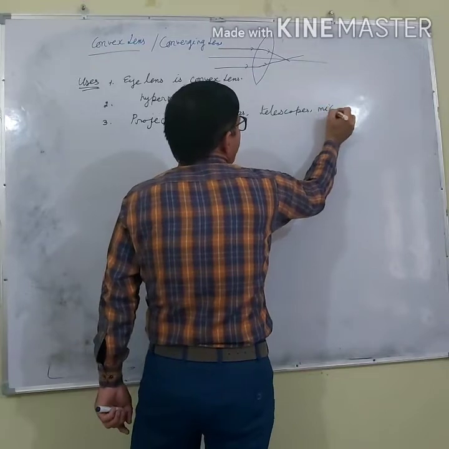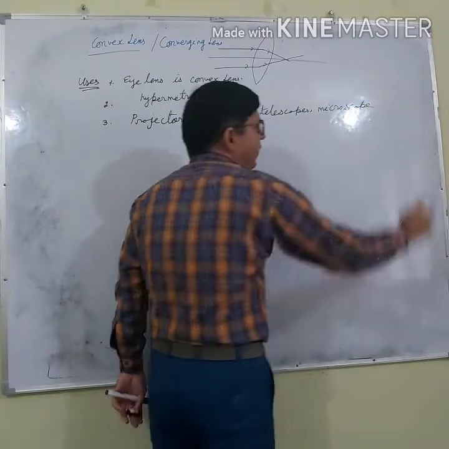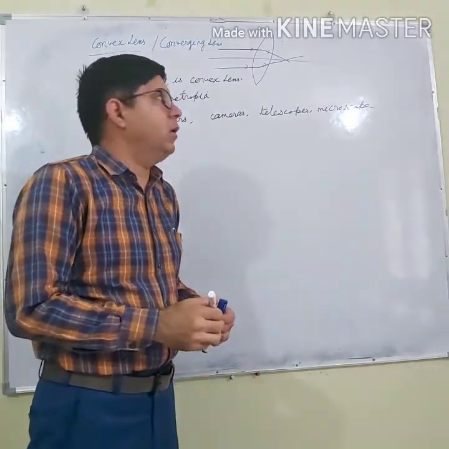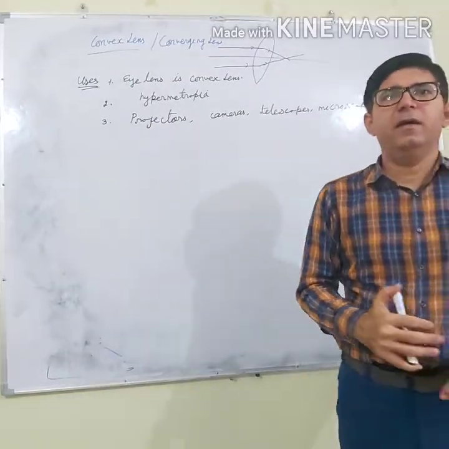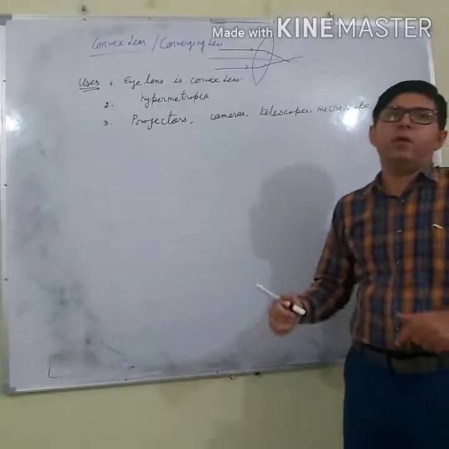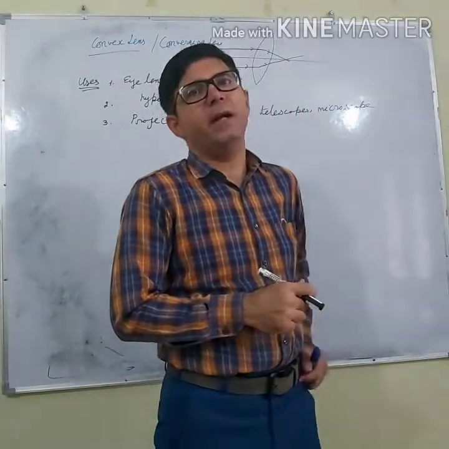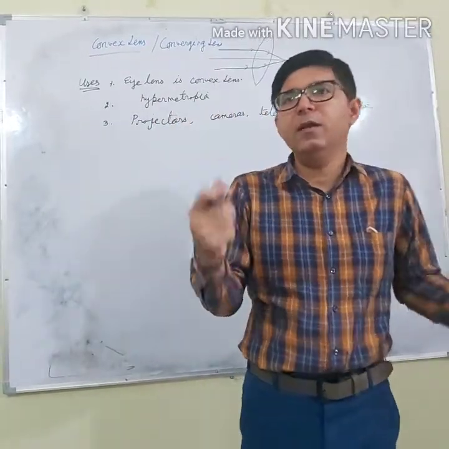What are telescopes? Telescopes are devices with the help of which we can see faraway objects clearly. For example, if I want to see a star in the sky, which is very far away from the earth, we can use the telescope. If I am on the earth and I want to see a nearby object, let us say at a distance of 1 kilometer or 2 kilometers, I can use a telescope.